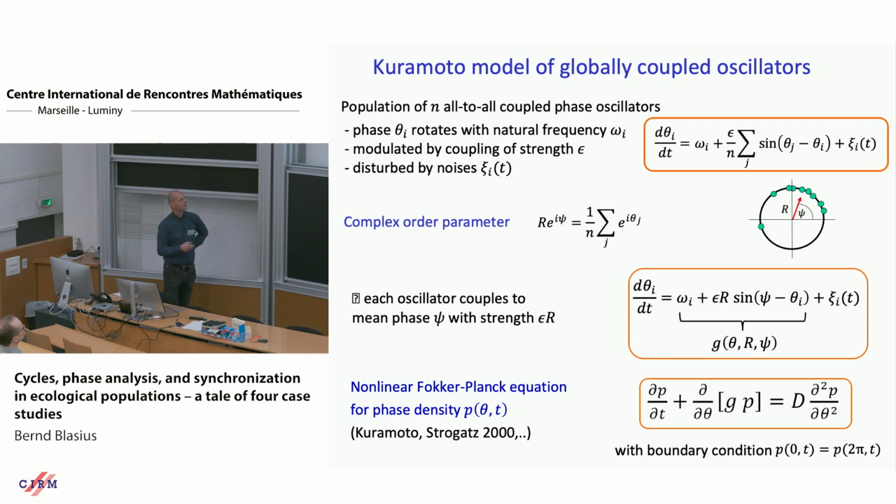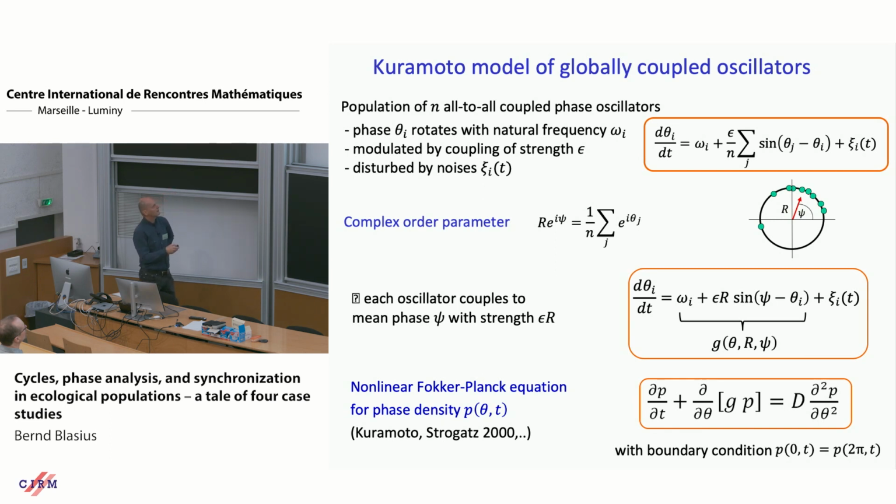And then you can look, in the complex plane, at your cells rotating here. You can measure the center of gravity, the order parameter, which is a measure of synchronization. If they're all in the same position, then the center of gravity is somewhere not at the origin, so you have some order parameter.